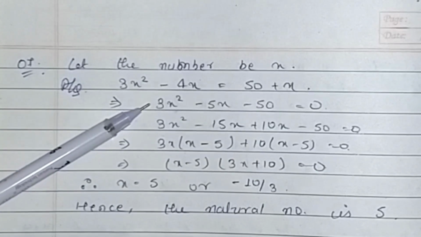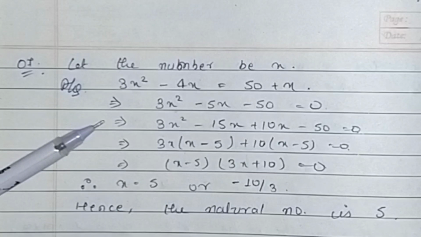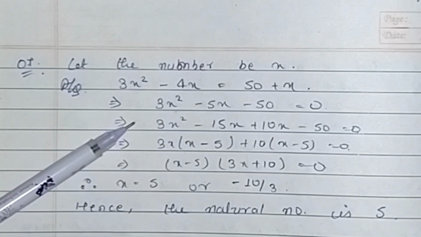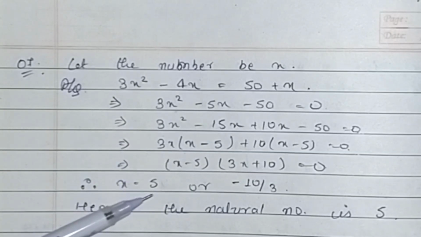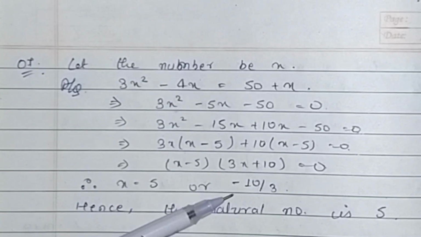In this step, we will apply the prime factorization method to find the value of x. By using the prime factorization method, we have found two values of x: x is equal to 5, and the second value of x is minus 10 by 3. In the question it is said that the number is a natural number.